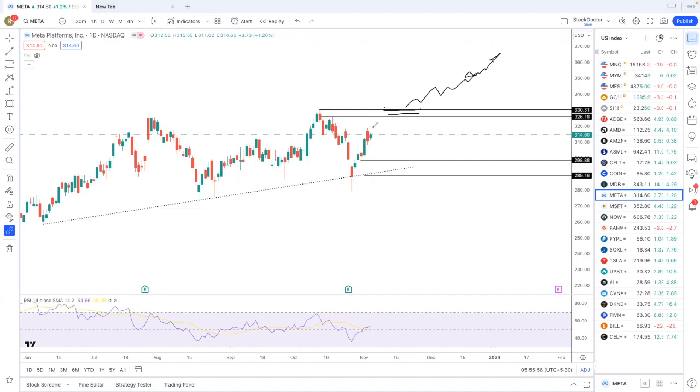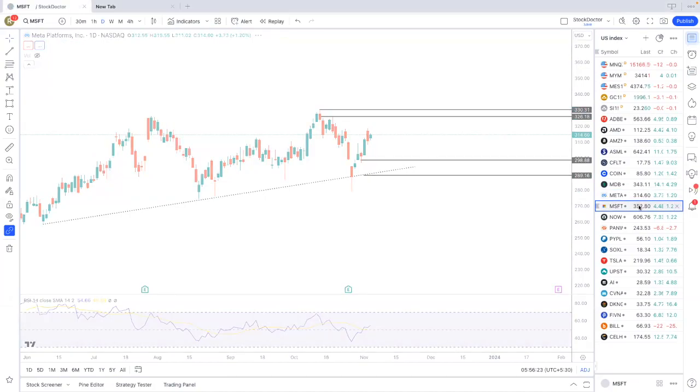There might be a chance that as the market goes up this week, Meta can go till 326, 330, and then it can reverse back. But if it trades above this area, then it can go up. It has a very important support area between 298 to 289. So this was about Meta. Now we are going to talk about Microsoft.